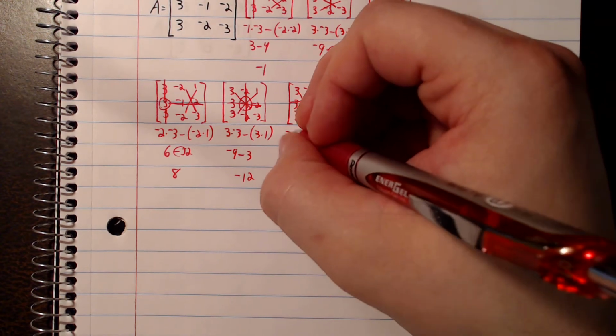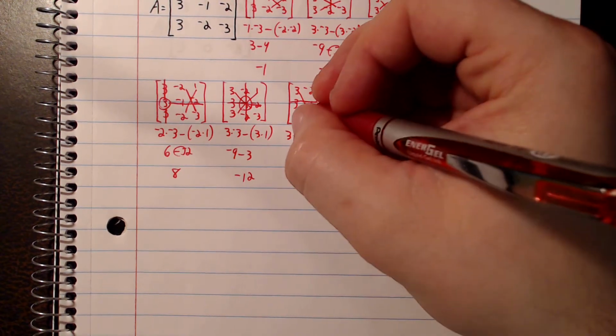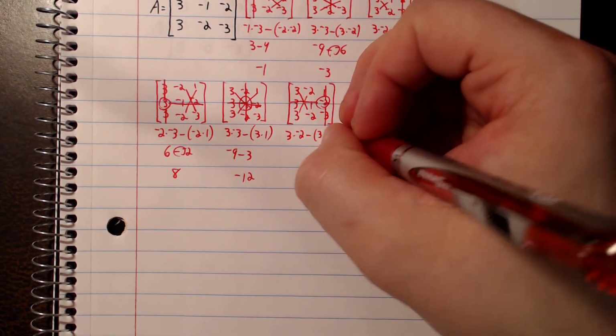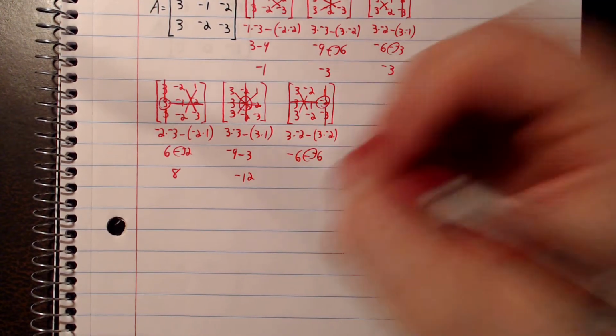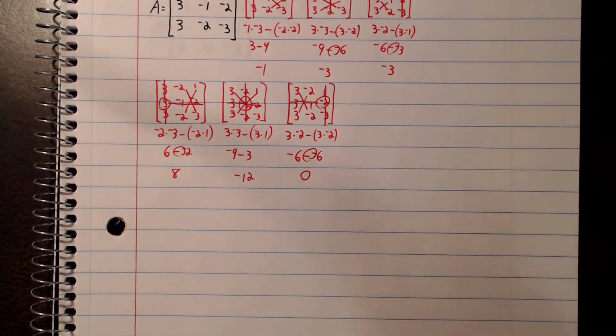Let's see, 3 times negative 2, and 3 times negative 2, so this is negative 6 minus negative 6, that's going to be a 0. So now I found the middle 3.